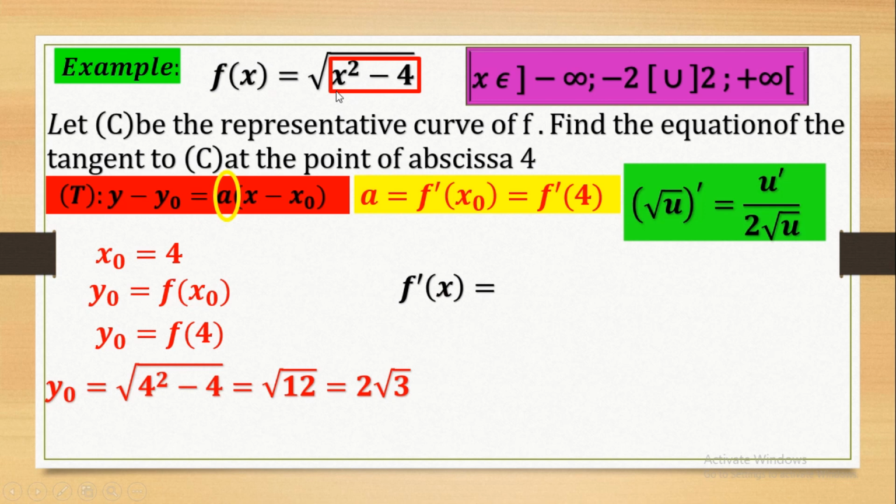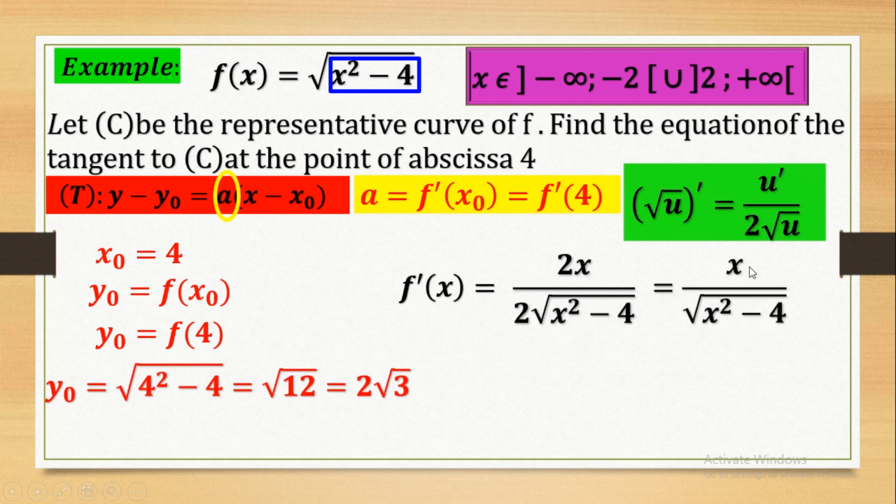The derivative of x squared is 2x minus the derivative of 4, the constant, which is 0. So u prime, which is here 2x, over 2 radical u. We copy 2 and radical u, which is radical x squared minus 4. Note that we can simplify 2 by 2, so we get f prime of x is equal to x over radical x squared minus 4.